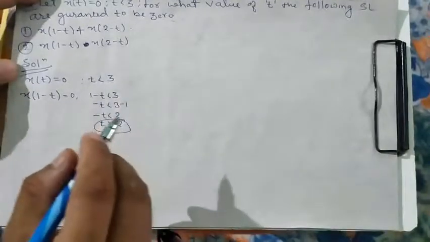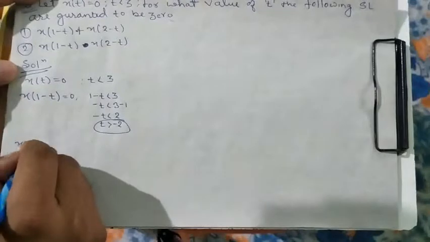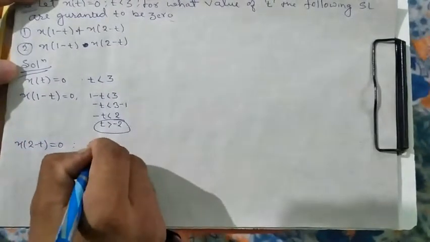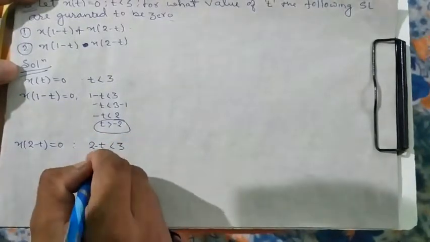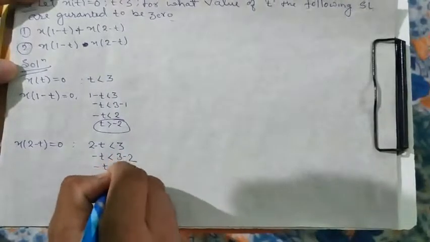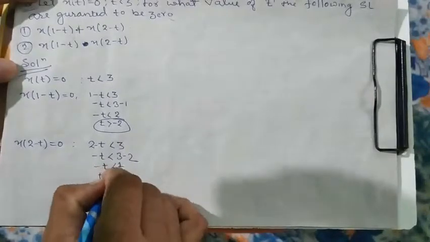Okay, first condition is this, and for the second one, x(2 minus t) is 0 only when 2 minus t is less than 3. So minus t is less than 3 minus 2, so it is 1. Or t is greater than minus 1.